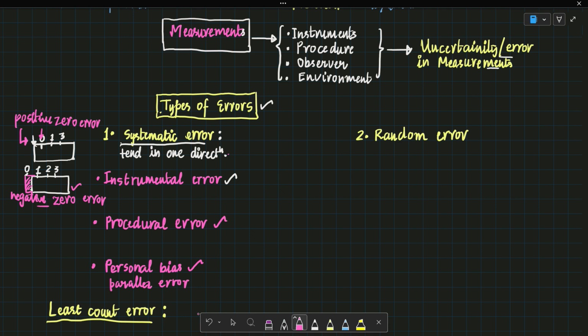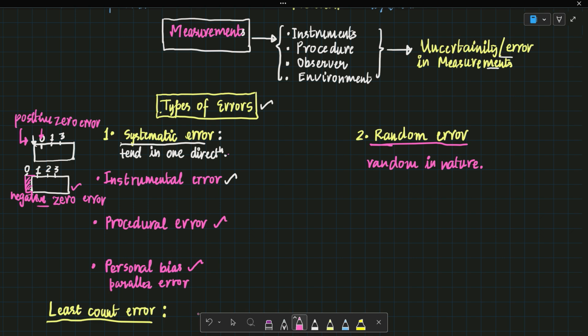After that, we are saying that the second type of error is random error. This error is random in nature. This is not systematic. We do not know the reason because of which this error comes into the picture.